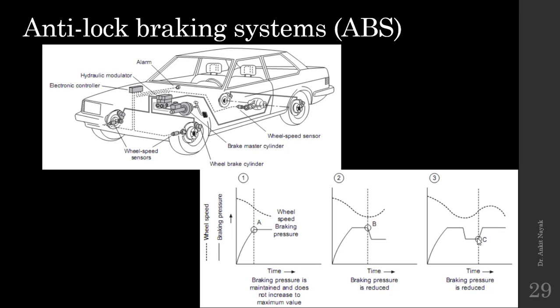Here you can observe it is increasing the pressure, so that we can decelerate or stop the vehicle without slippage on the ground, so that we can easily control the vehicle which has the anti-lock braking system.